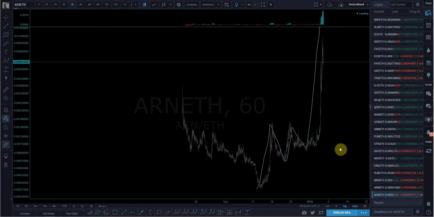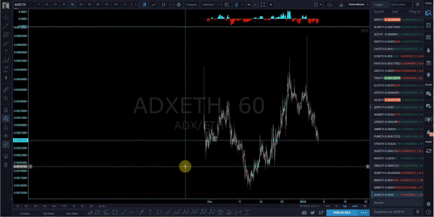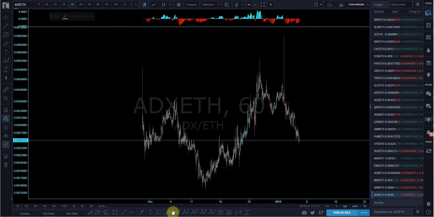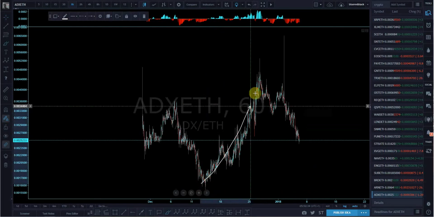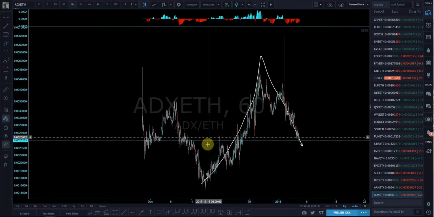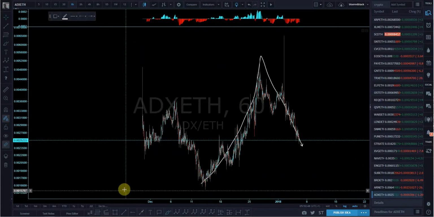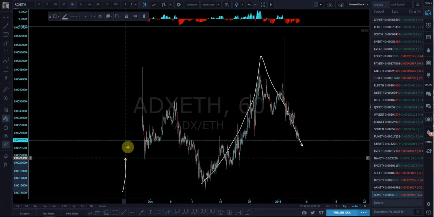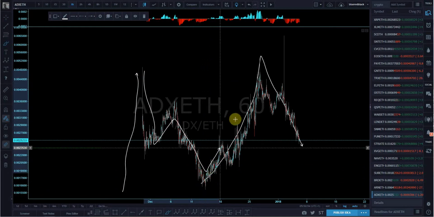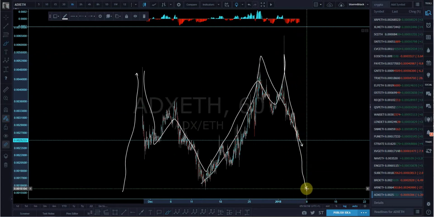ADX. This one is kind of tricky. Move up, move down. Now, there's always the potential that, like I said, when I see something like this, I like to think that we have a move up. So this could be a 1, 2, 3, 1, 2, 3, coming back down for a C wave.